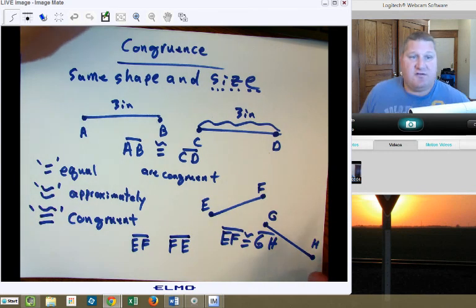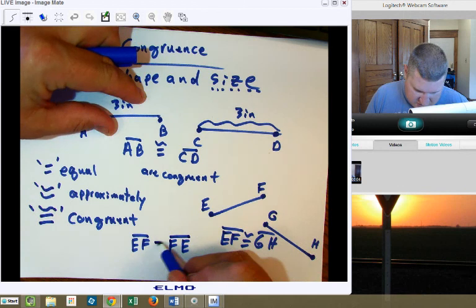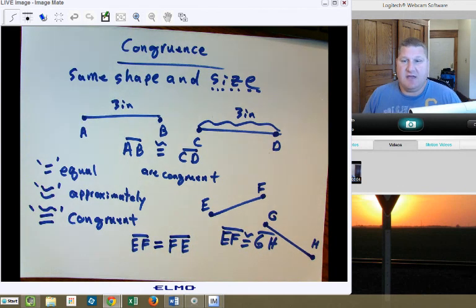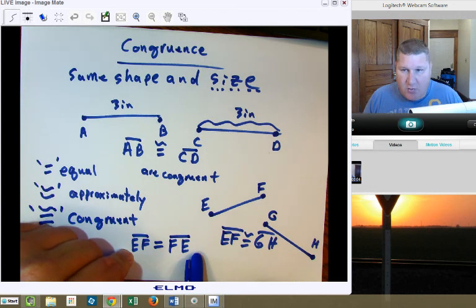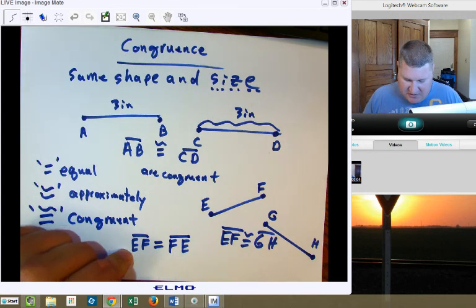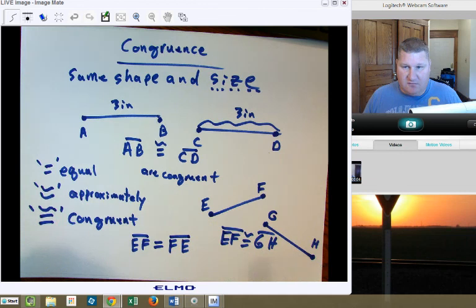But in fact, you can do one better than that. You can actually say those are indeed equal because they are exactly the same set of points, all points between E and F or F and E, it doesn't matter. It's the same exact points that you're talking about. So this is the only time you're able to use equal in terms of two geometric shapes. Otherwise, we tend to use congruent.